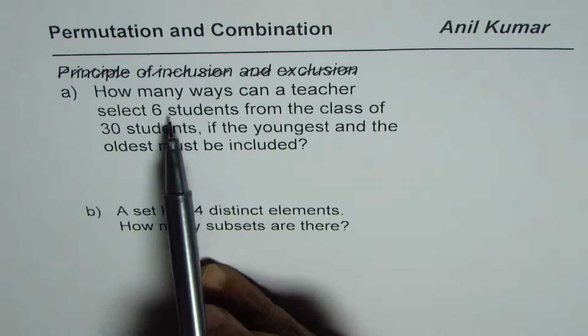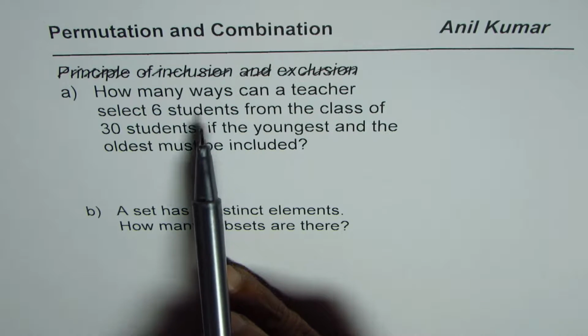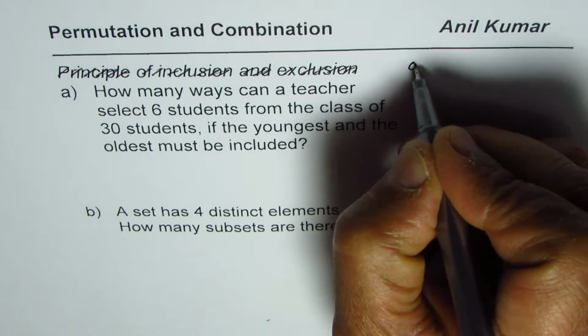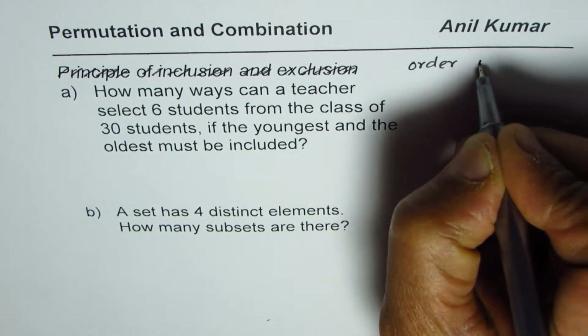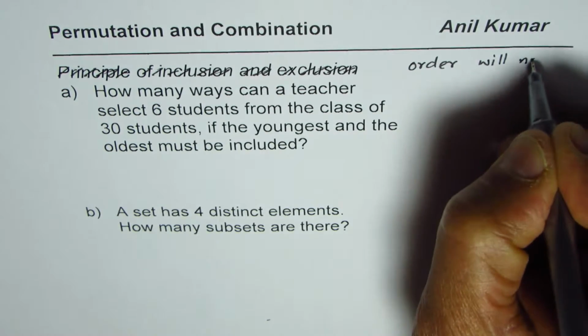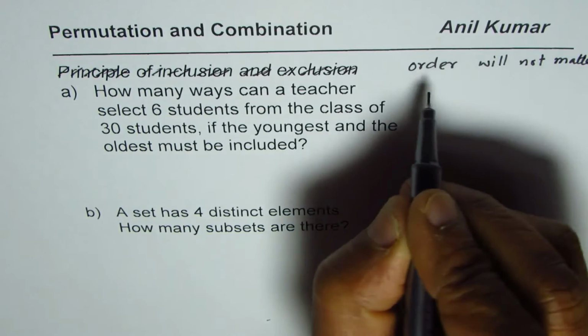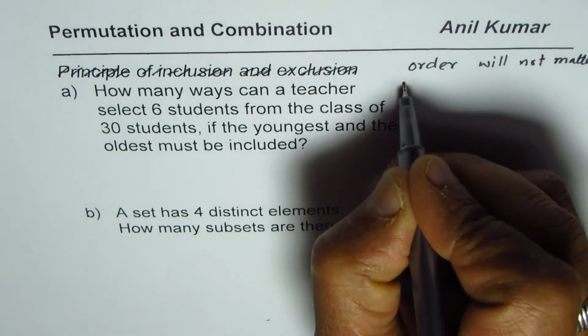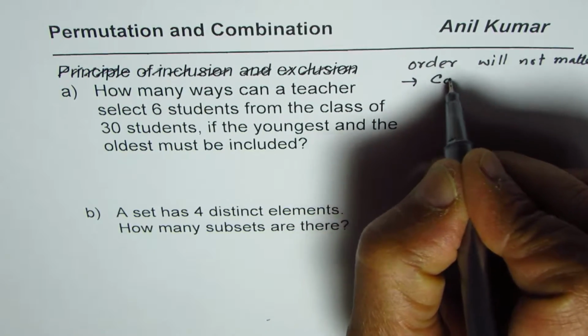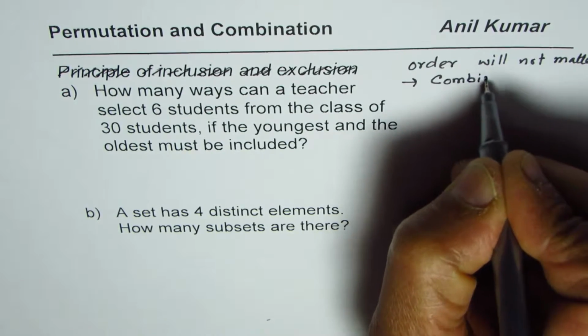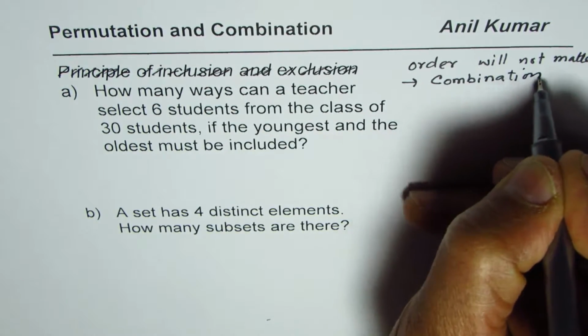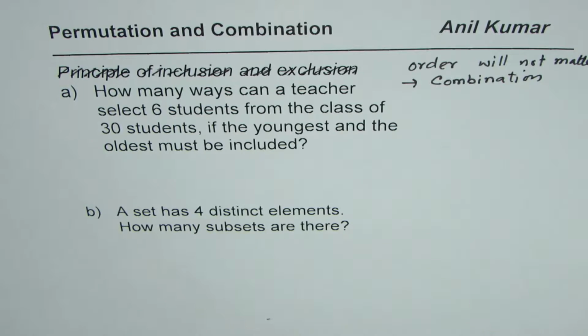Order of these 6 students, will it matter or not? We know order will not matter. Since order does not matter, we have to use combination, not permutation.